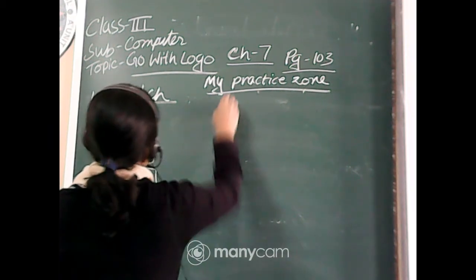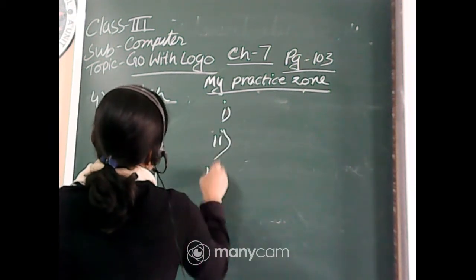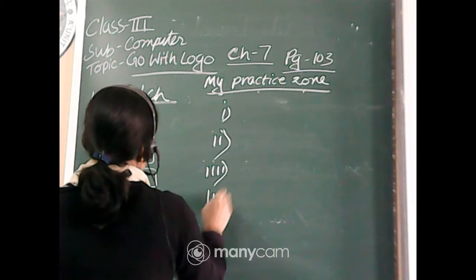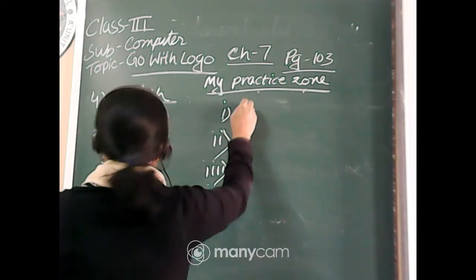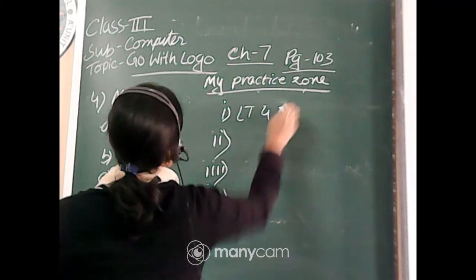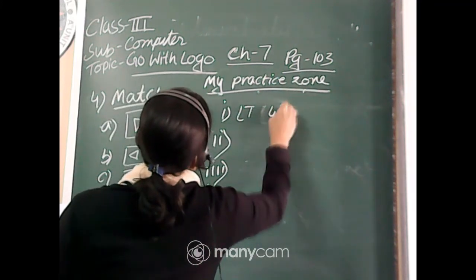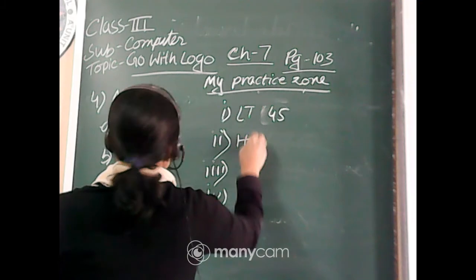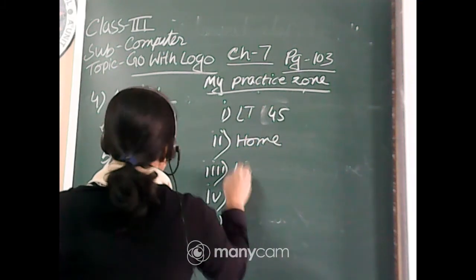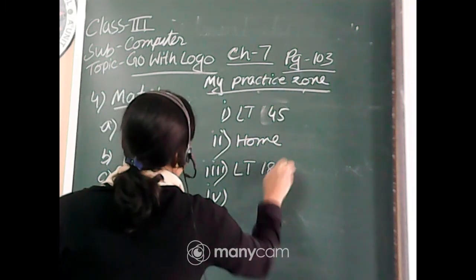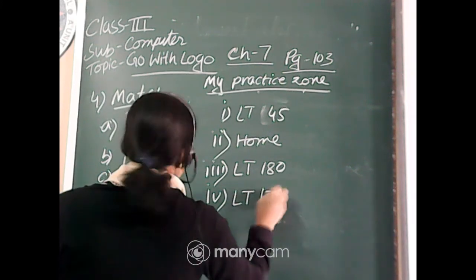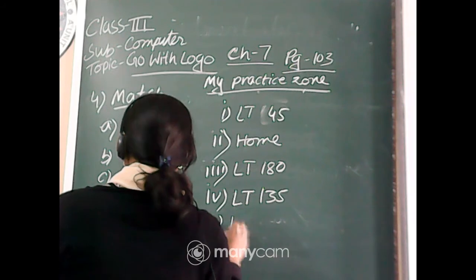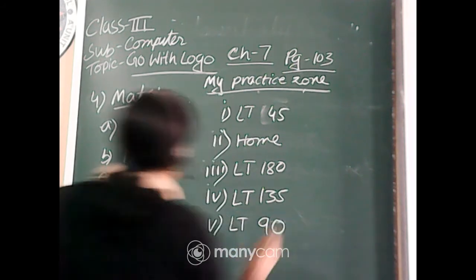A, LT 45, number B, home, number C, LT 180 and LT 135 and LT 90. Okay.